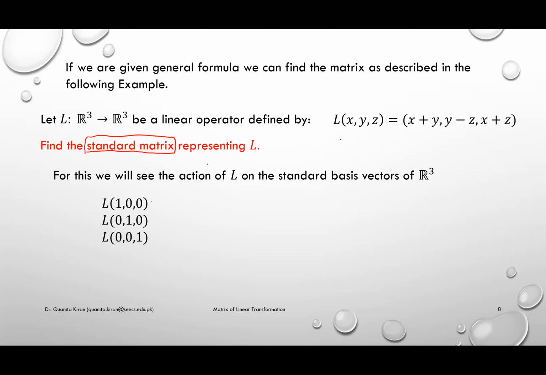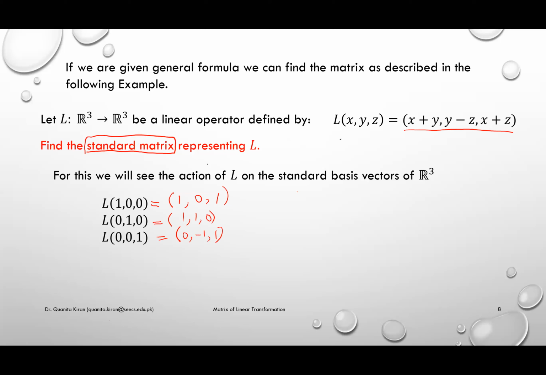So if we see the image of this vector under this formula, we obtain (1, 0, 1), the image of this vector is (1, 1, 0), and this vector maps to (0, -1, 1).